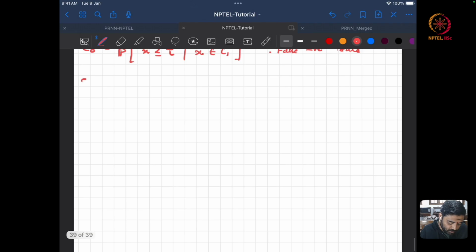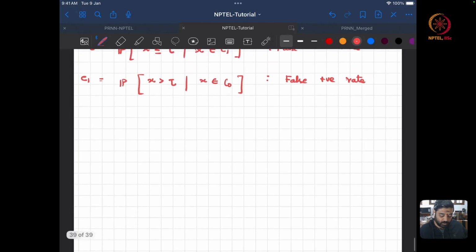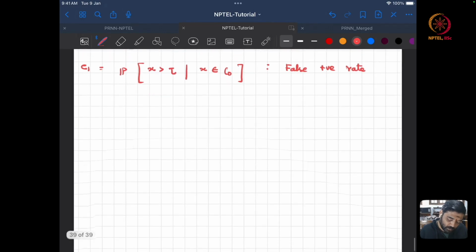Similarly, I can have E1, in which X is greater than tau. That is when you assign it to 1, but actually X belongs to the negative class. What is the probability of it? This is known as the false positive rate. Okay. So now we can have the complements of these.